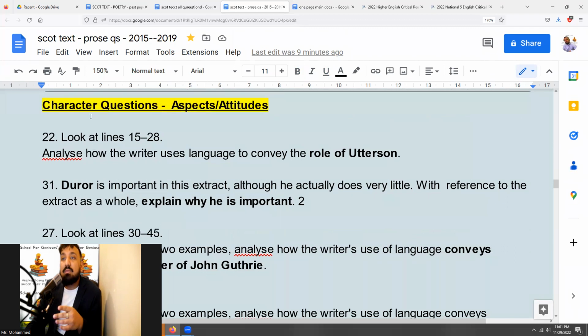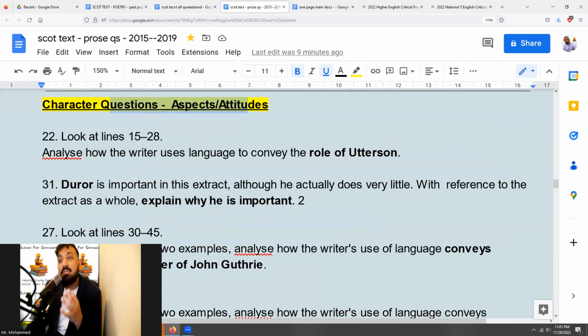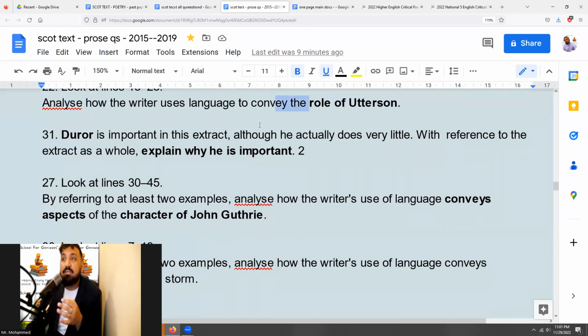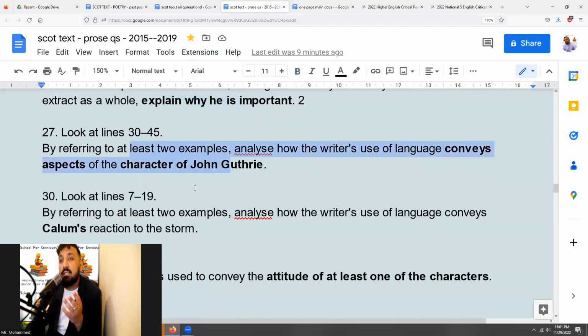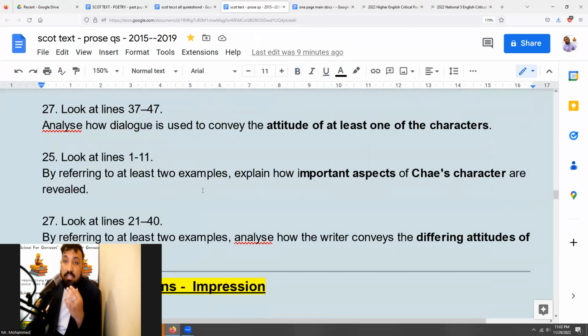The next you could get would be something about the character themselves, like the role the character has, what they do in the text, why they're important, and what it tells us about their personality. Basically, it's asking you to break down the character in some way.